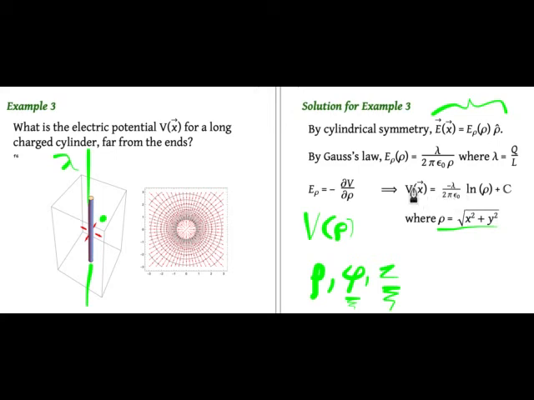So dV d rho would be minus lambda over 2 pi epsilon 0 rho. The negative of that is E. And also don't forget, I can add a constant. The electric potential is not really determined uniquely until I give a boundary condition. I haven't specified a boundary condition, so let me just say I can add an arbitrary constant here.